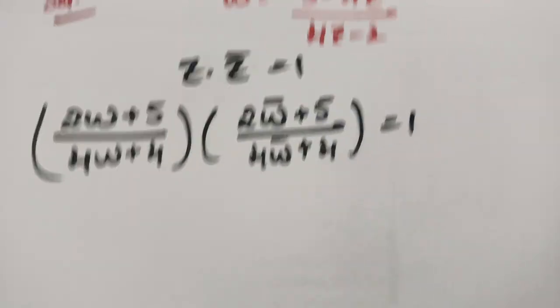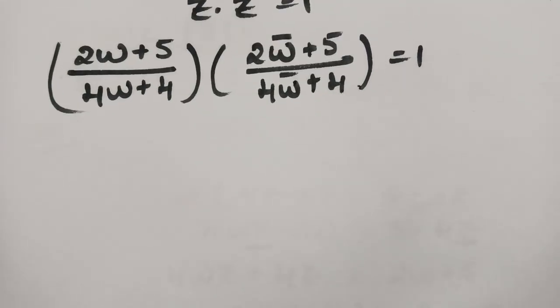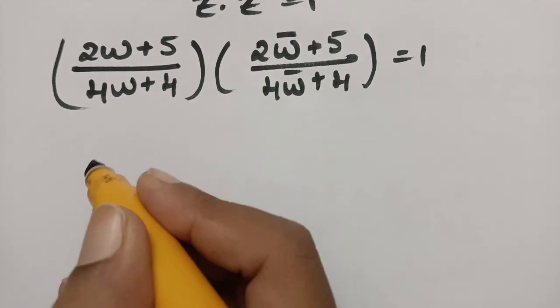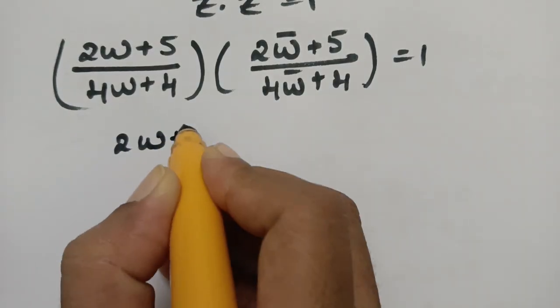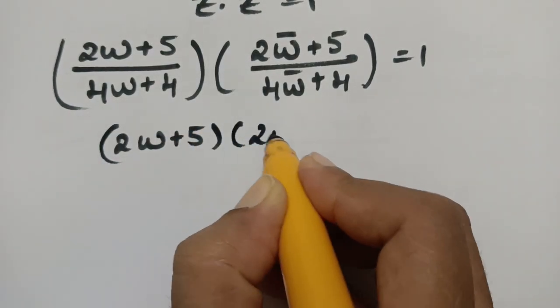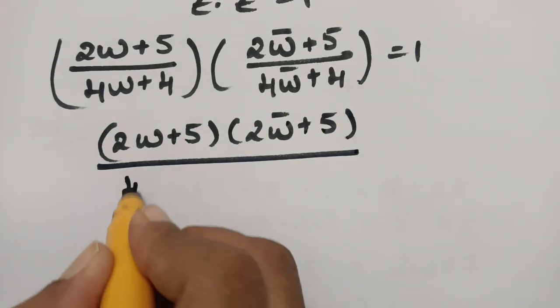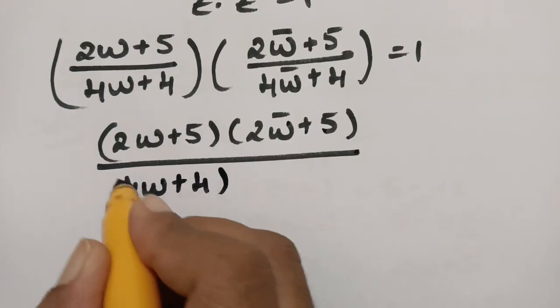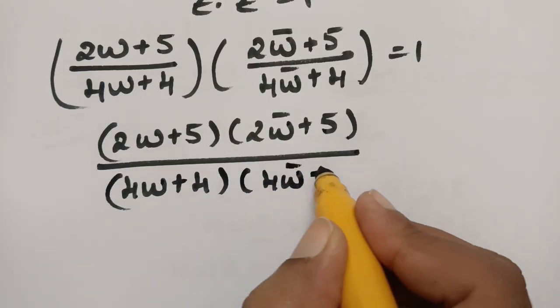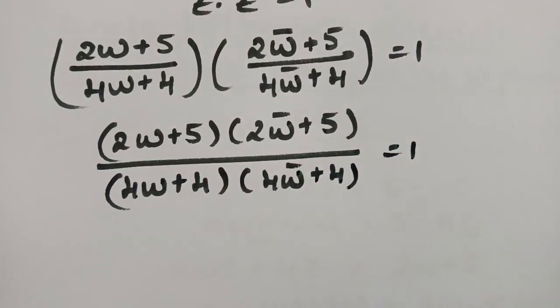Now if I solve, see what happens here. If I multiply, this will be (2w + 5)(2w bar + 5) divided by (4w + 4)(4w bar + 4), equal to 1.